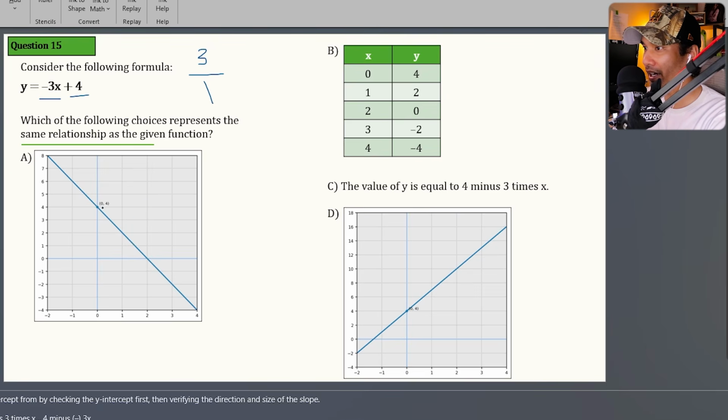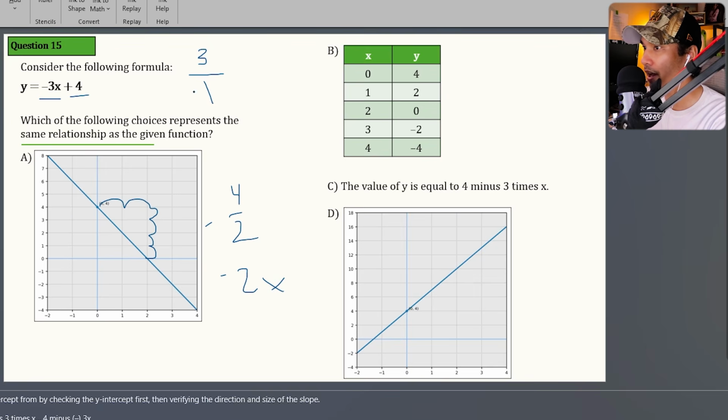So from here, 0, 4, to over here, 2, 0, I would count 1, 2, and then 1, 2, 3, 4. So 2, and I'm sorry, it's rise over run. So it's actually 4 over 2, and it is a negative slope. So that is a negative 2x, which is not negative 3x.